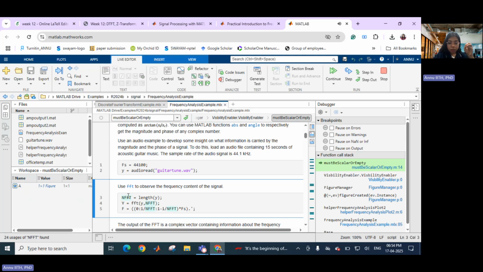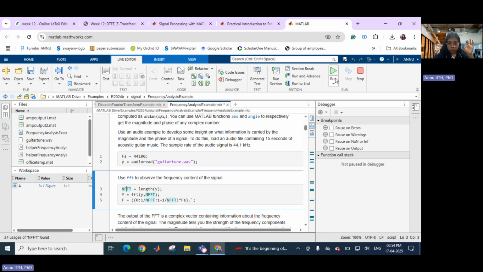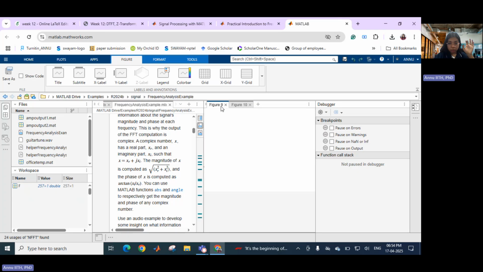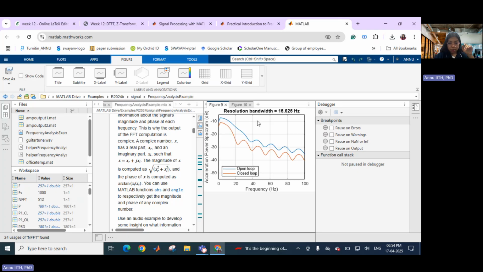Now using FFT to observe only the frequency components. Again, I'm running this part. This is the resolution bandwidth, which shows the acceleration power spectrum. It's a bandwidth of 500.625. Then we have the open loop and closed loop part.